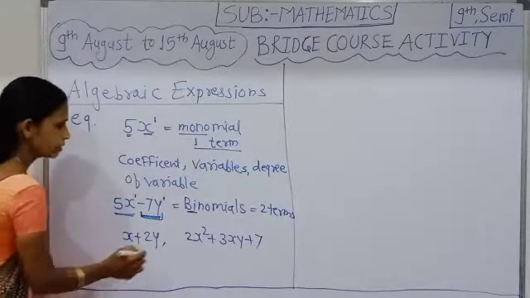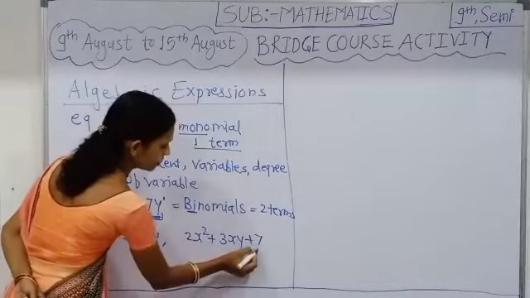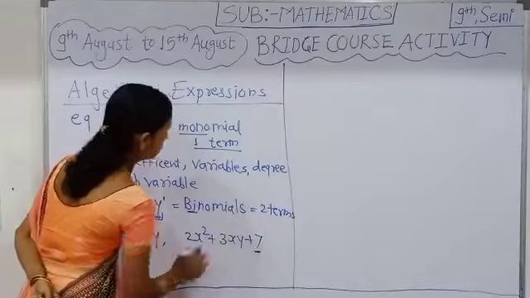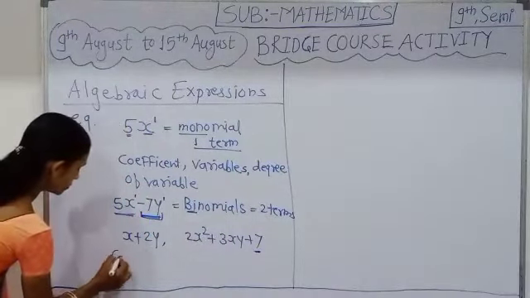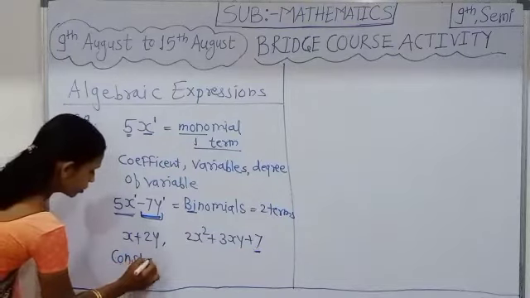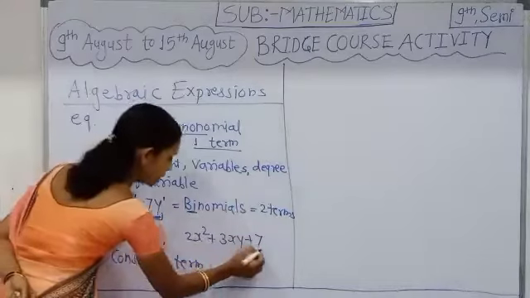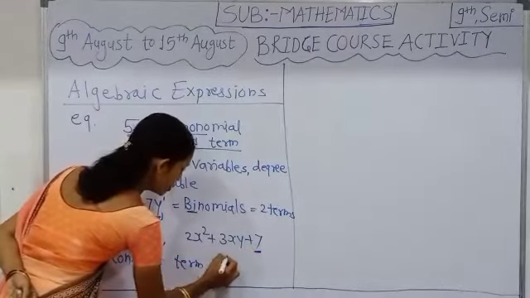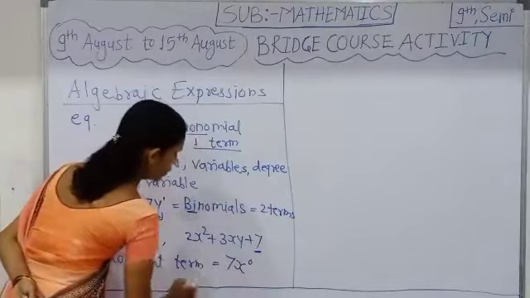In the algebraic expression, 7 is one of the terms, which is known as the constant term. That constant term, here 7, can be written like this: 7x raised to 0.